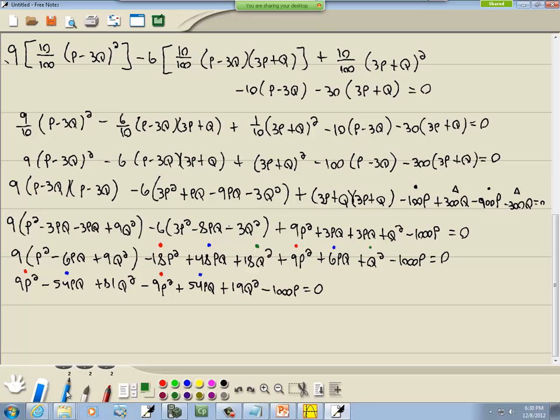Of course, now I'm unnerved. 81 plus 19, 100q squared. And what else is left? Minus 1000p is equal to 0. So I'm going to take the 1000p over here. Let me write that down. I'll continue on the next page.